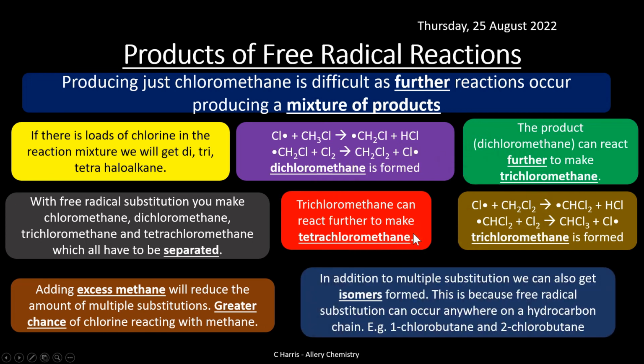So in addition to multiple substitution, we can also get isomers formed as well. This is because free radical substitution can occur anywhere on a hydrocarbon. So you might get 1-chlorobutane, you might get 2-chlorobutane, and if you get multiple substitutions, you might get 1,1-dichlorobutane or 1,2-dichlorobutane.